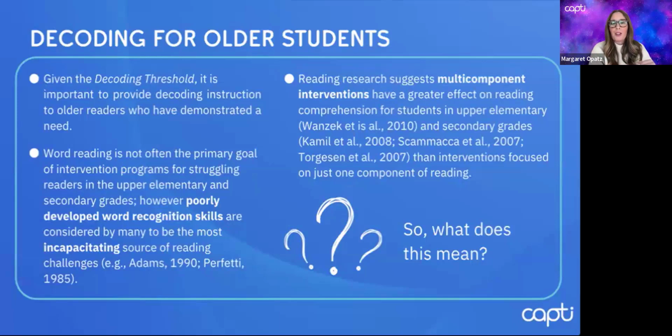So you might be thinking, what does this all mean? What should I do to help older students? And when I say older students, really adolescent students, I mean grades 4 and up. What can we do to support them in making sense of the text by being able to decode the words on the page?